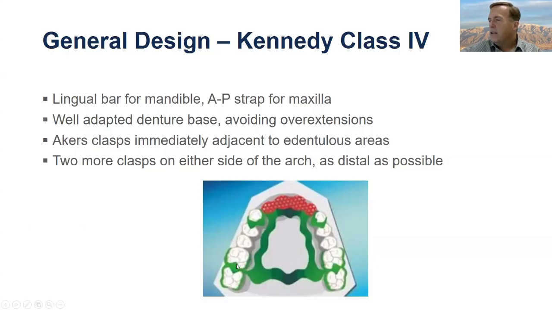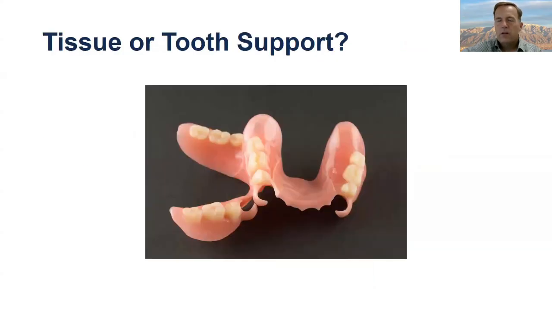So again, the retention that you're trying to push towards the back of the mouth on these cases will wind up providing a lot of the stability. Really, this clasping is more to prevent lifting in this area. And these can be very, very stable for the patient, just like the class 3s.